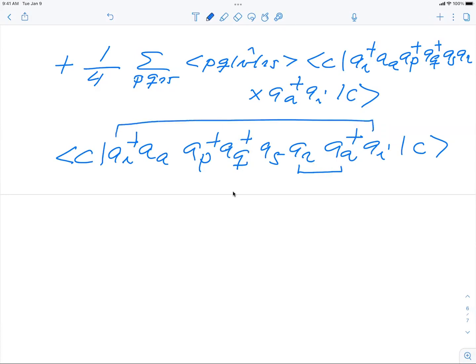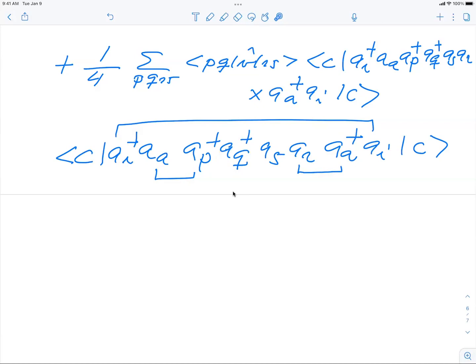Now we have A of A, which could go to AP or AQ. Let's assume that it goes to AP, one of these. Then what happens, as you can see here, is that we are left with two operators within the same normal ordered chain of operators. And that is automatically 0 by definition.